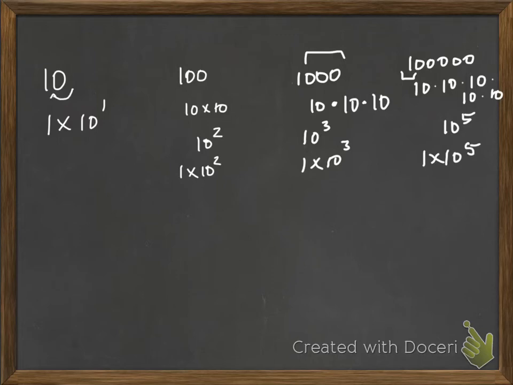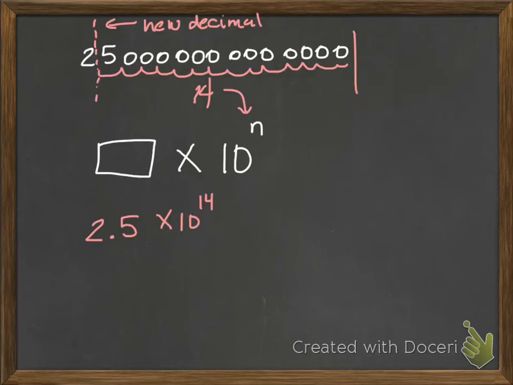So in our example back here, instead of a 1, this is a 2.5, and we moved it 14 over, so that would be 2.5 times 10 to the 14th. Let's say we had 248900000.